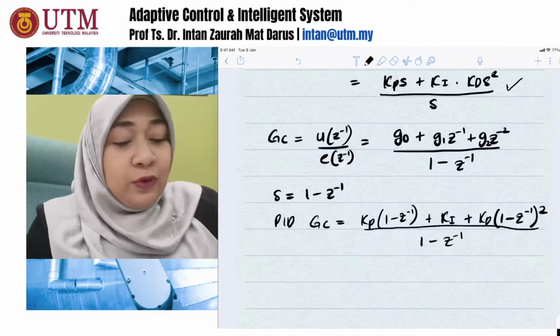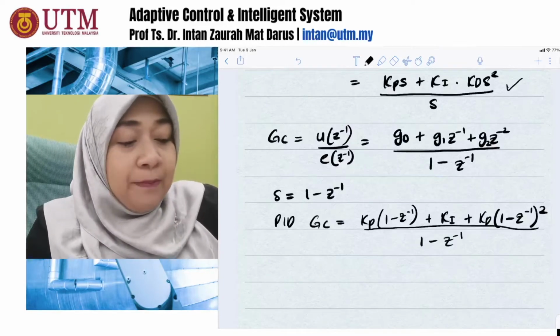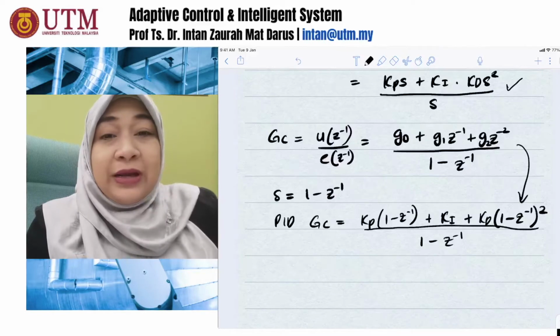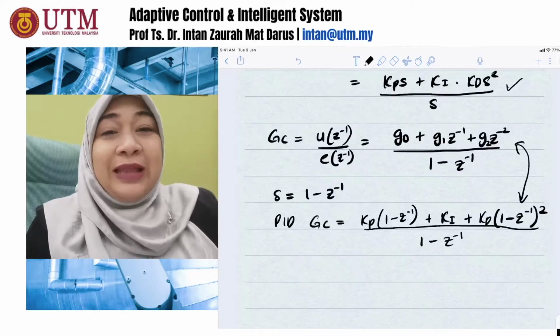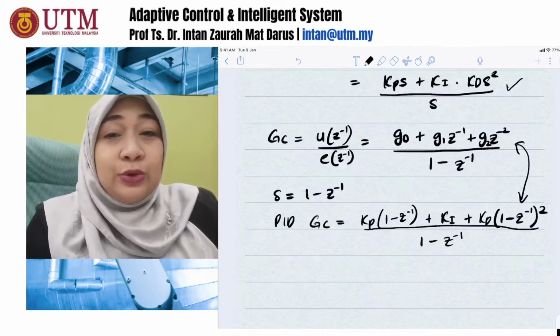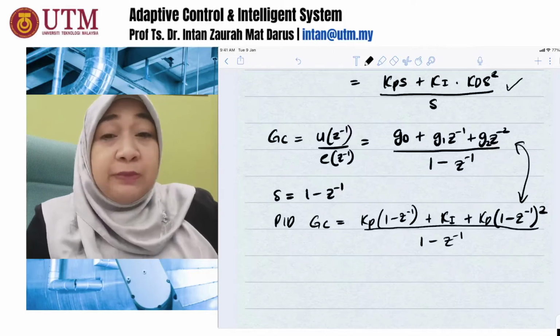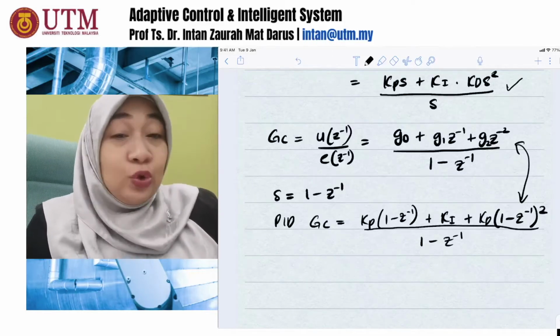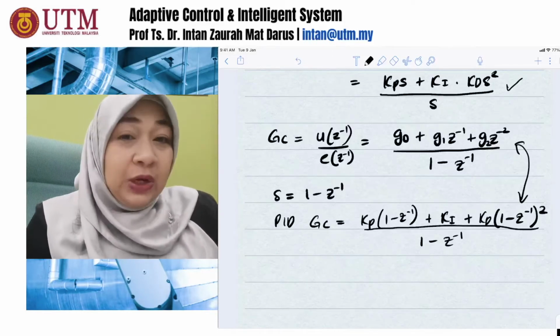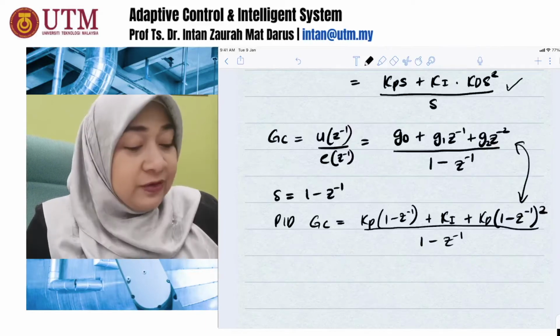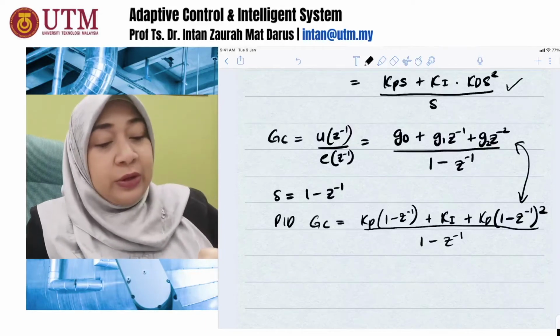So if you look at the equation that you want to compare, the denominator is already tallying between one another. So you don't have to compare the denominator anymore. You just need to compare the numerator of your equation and equate them so that you will actually solve this problem. So that's what we're going to do.